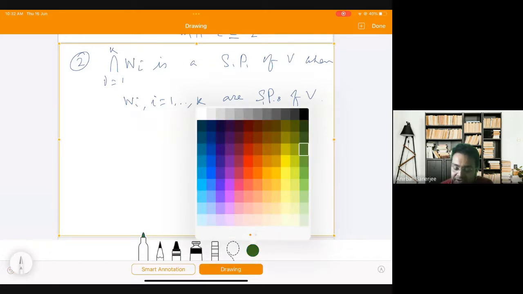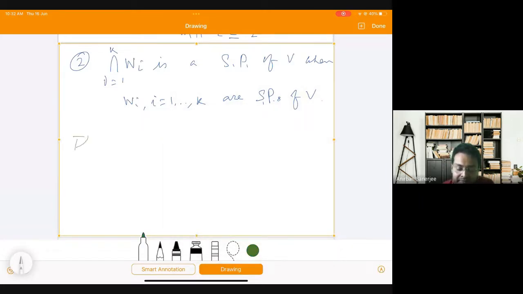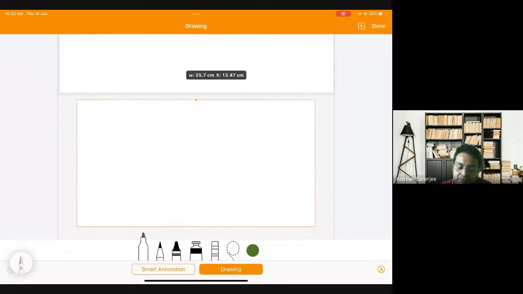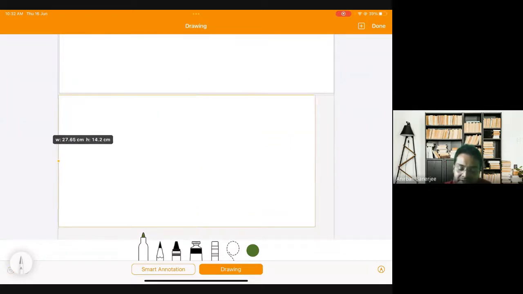Now the next property. So what we can see is that if we take the intersection of two subspaces, that will be a subspace, also a subspace of the same space.